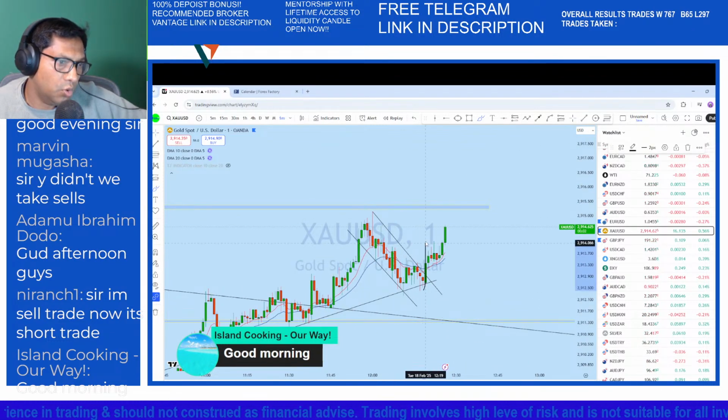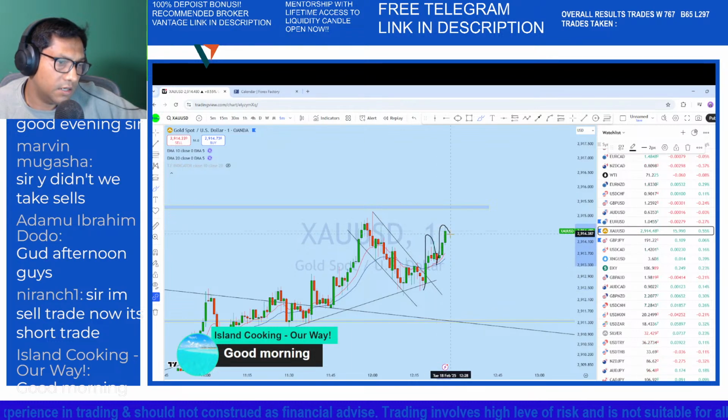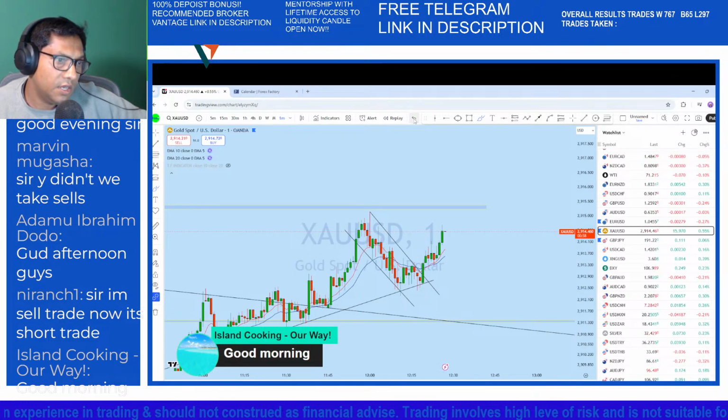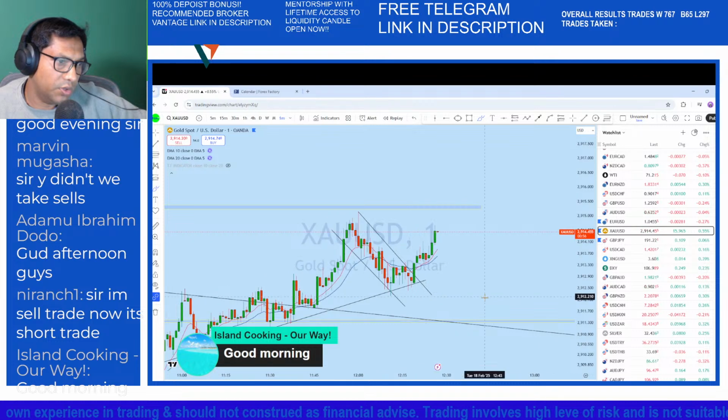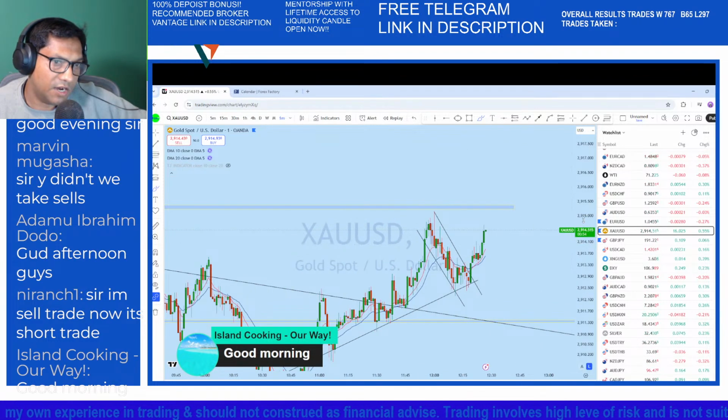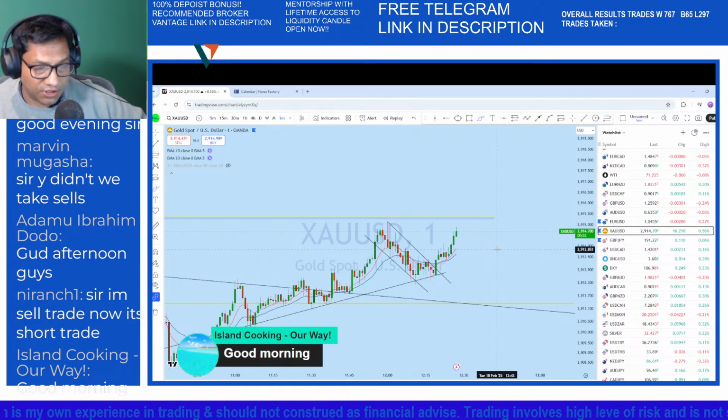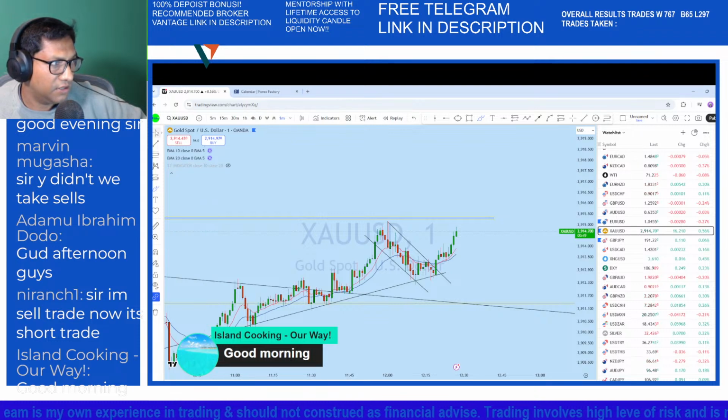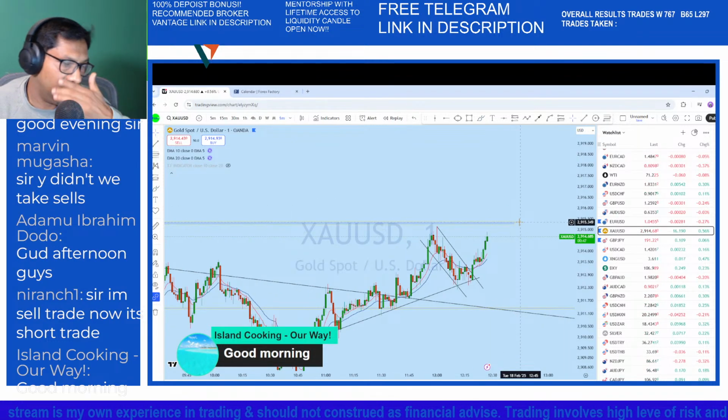Here is a move, a pullback, another impulse, and with that impulse, we're expecting the market to potentially trend in that direction where it is heading.